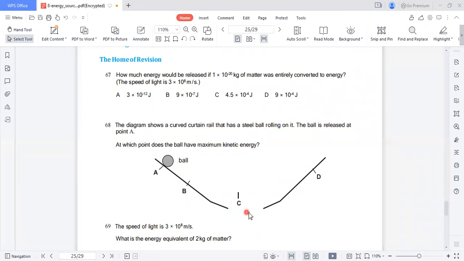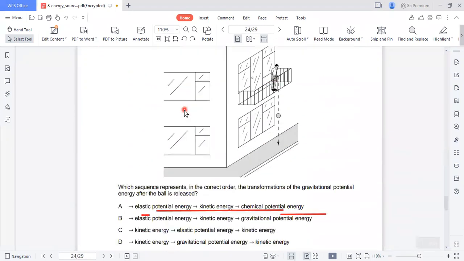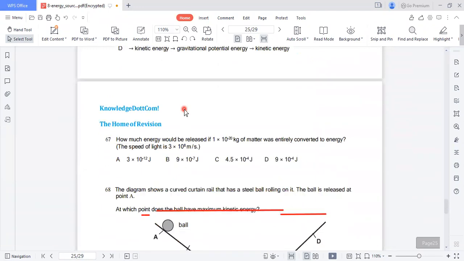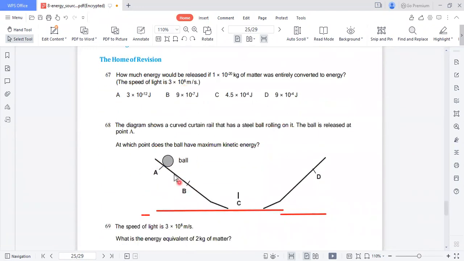Like you can see, let's assume that this is the lowest point, and at the lowest point it will have zero potential energy, and at this point all of its potential energy would be converted into kinetic energy.